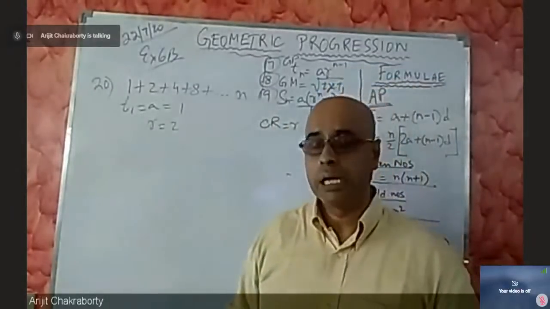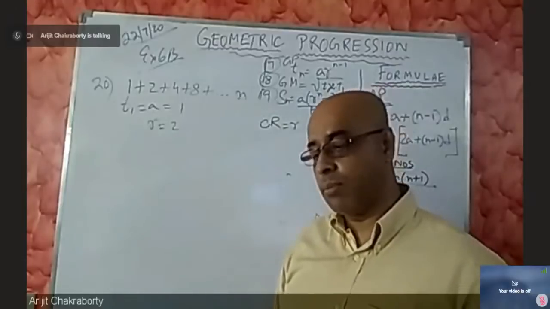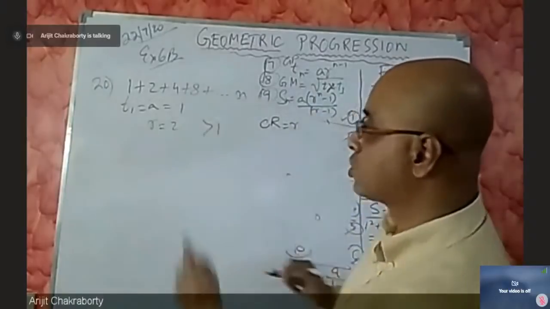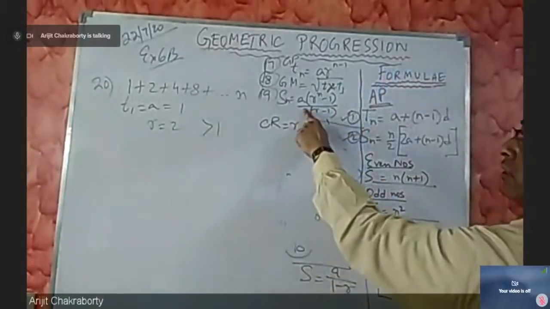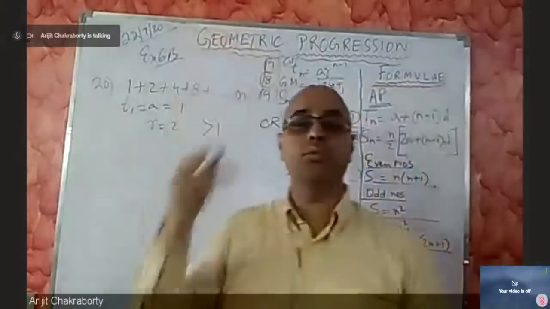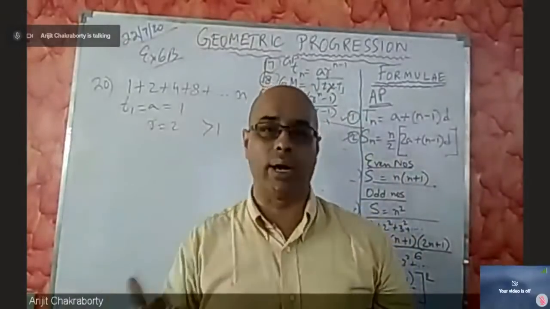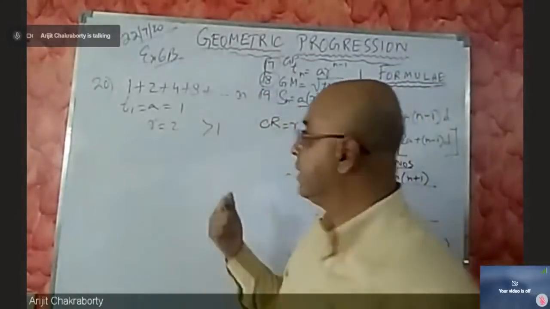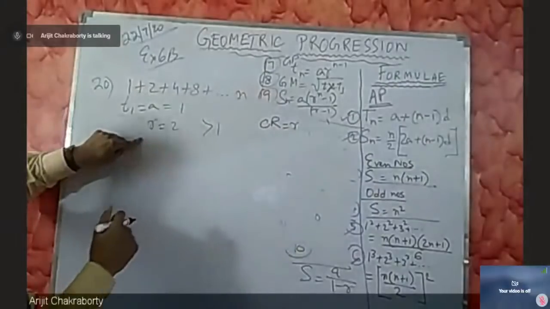Very good. So we have to find out the sum of the series. And here R is 2, which means it is greater than 1. So we shall use this formula: A into R to the power n minus 1 divided by R minus 1. So let us put these values here and see what happens. Instead of A, I will put 1.